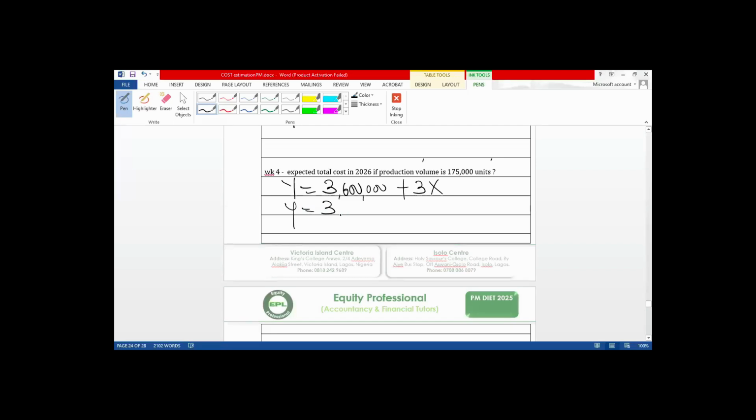My x is now 175 units. Multiply by 175 units. Please work this out. What is the expected total? 525,000 plus 3,600,000. 4,125,000.